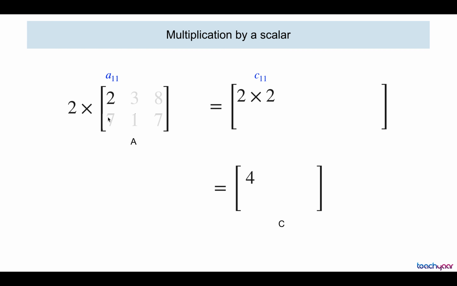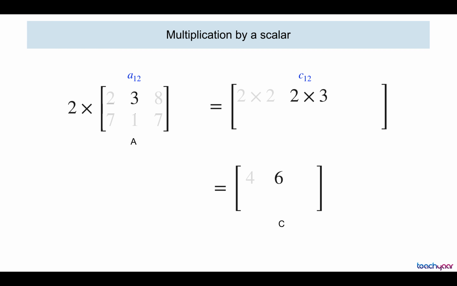How this works is you multiply each element of the matrix with the scalar, and what you get is C. I'm going to go row wise, with elements of the first row and then the second row. So you take the first element, A11 is 2, so to get the corresponding element C11, 2 multiplied by the scalar 2 here, so C11 is 2 into 2, which is 4.